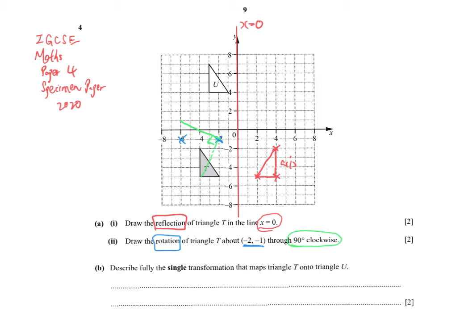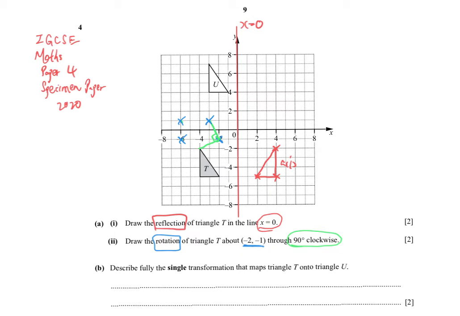So this point will rotate to here. For the last point, again from this point to the center, and then rotate this one 90-degree clockwise will be somewhere here, 90-degree. So the last point will be here.